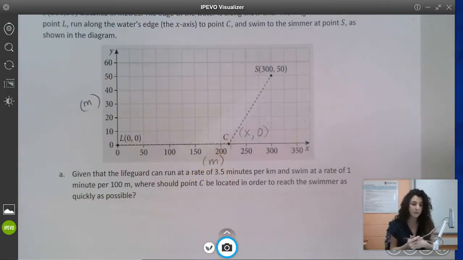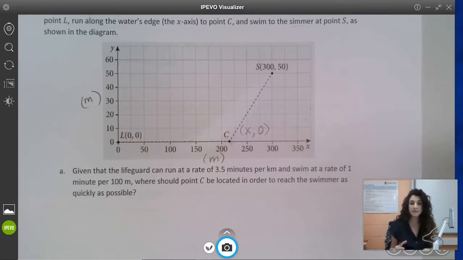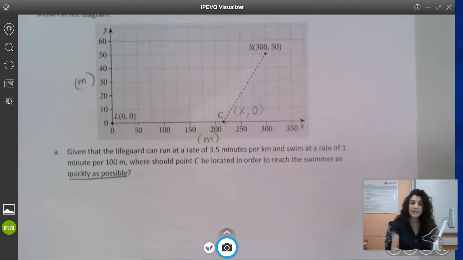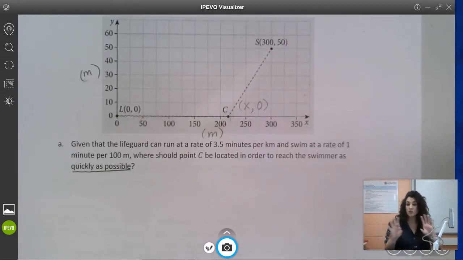It's our unknown, right? Also, now take a second and try to figure out, what am I trying to minimize? I'm trying to minimize time as quickly as possible. So I need an idea of an equation that represents the total time it takes for me to get to the swimmer. Breaking it up into parts and pieces to bring it back into a formula is going to be key.